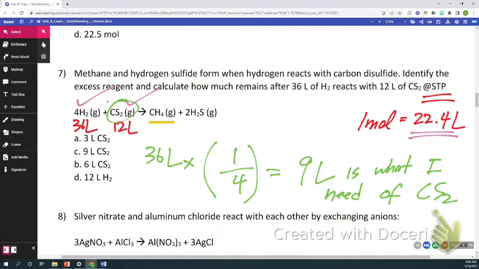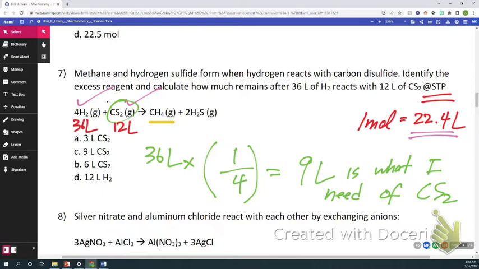Yeah, I have 12, right? So if you have 12 liters, you only need 9. How much are you going to have left over of CS2? 3, right? So you have 12, you only need 9.